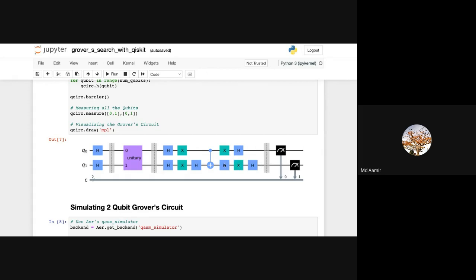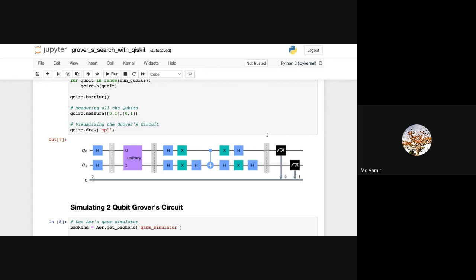This X X H C naught H X X, if we simplify it, comes out as 2 times the outer product |0><0| minus I. So yes, this is the diffusion operator for the whole circuit.